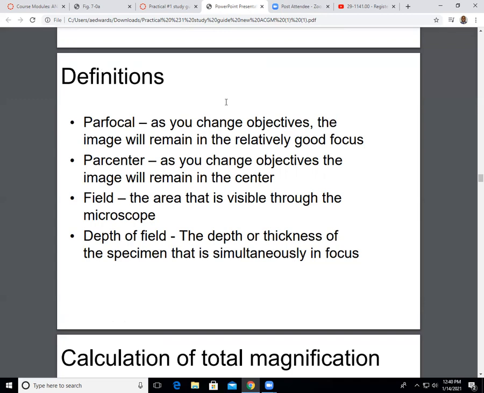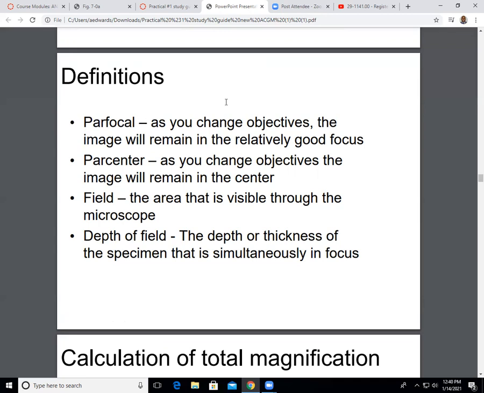Okay. Depth of field means depth or thickness in the specimen. Okay, depending on how it's cut, how thick it is, you might see more depth or less depth. Okay, that's simultaneously in focus. So depending on what kind of microscope you have, you might be able to see lots of depth of field, you might not.